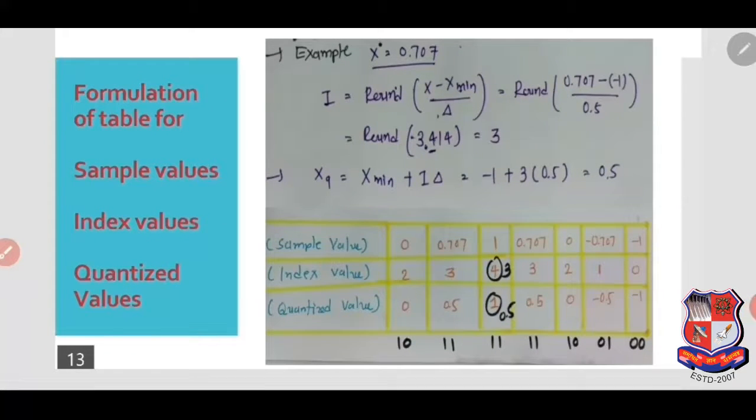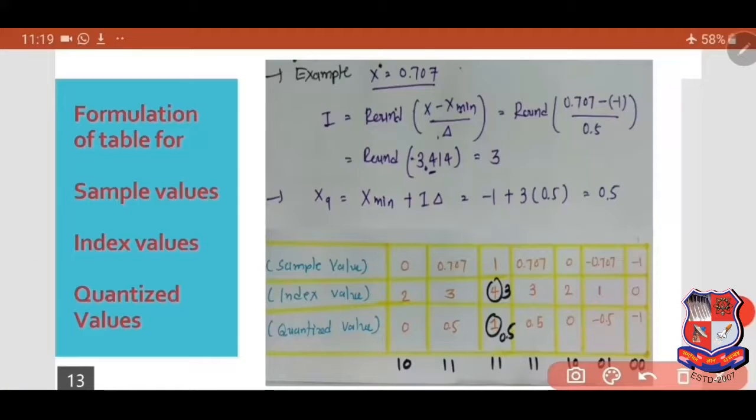Okay, the table which I am talking about, you can see there are mainly three values: the sample value, the index value, and the quantized value. So by putting the values in these equations, we can formulate this table and we will get these values one by one.